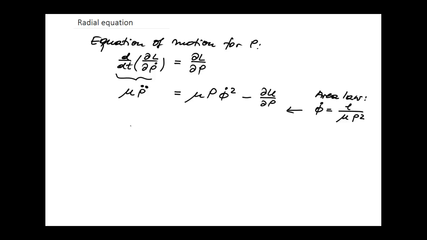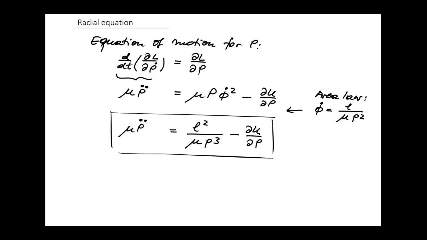Using that, you find mu rho double dot equals, for the first term, L squared over mu rho cubed, minus the partial of the potential with respect to rho. And this equation of motion inside the box, that's the radial equation. It's the equation of motion for rho.